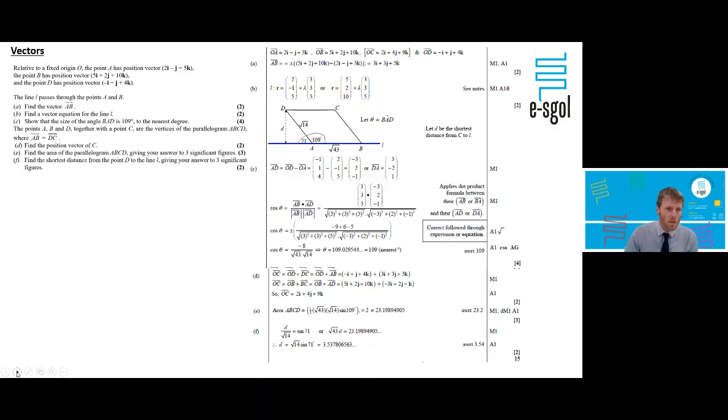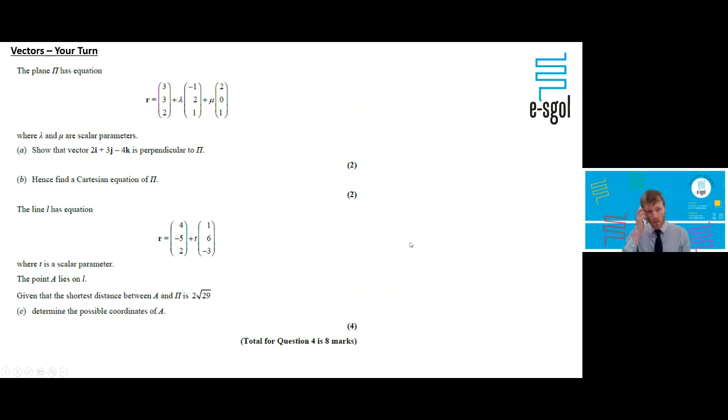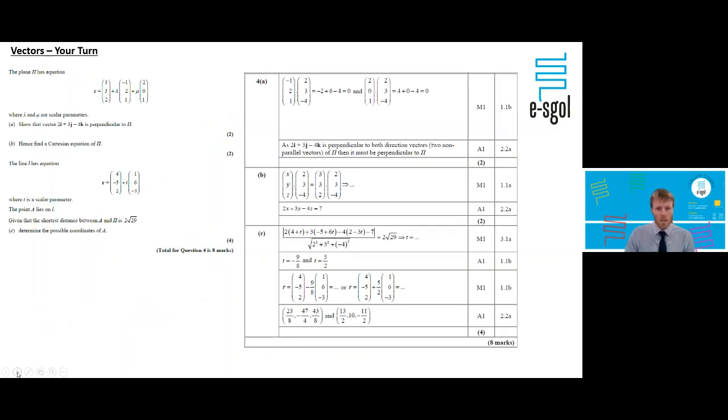On the next slide, again, I think it might be an Edexcel question, but it's still relevant. This one has the vector equation of the plane in a different format. And if I skip to the next slide, there's the mark scheme for it. I will finish there because it's just coming up to the end, and I'll hand over.